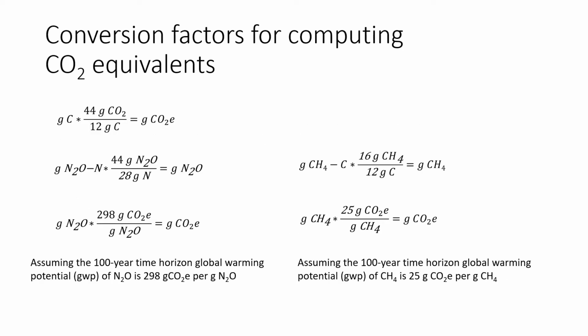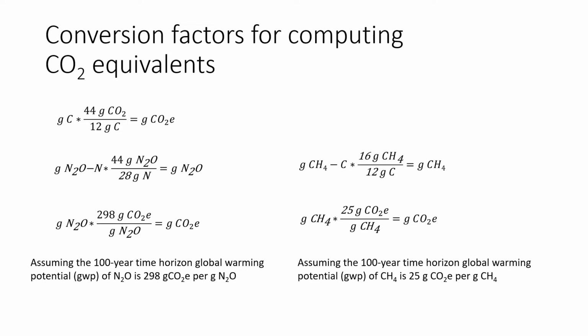So to convert to CO2 equivalents, there are a few conversion factors that you're going to need to know for your homework assignment. And the first one's easy. It's converting carbon to CO2. So if you recall me saying earlier that in DayCent, for example, all carbon pools and carbon fluxes are in grams of carbon per meter squared, not CO2.